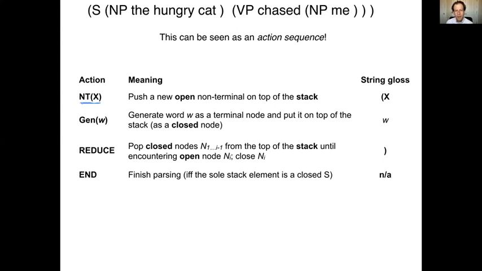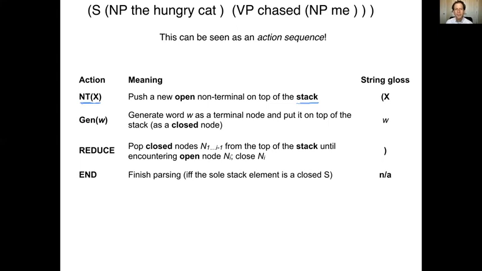And for this representation of an action sequence mechanism, it'll be useful to think of a stack of incomplete constituents that persists during the structure of the tree's generation. The action non-terminal x, NT of x, says that I am going to push a new open non-terminal on top of the stack. Open means that not all of the internal contents of that non-terminal node, that is, the contents that are dominated ultimately by that non-terminal node, have been generated yet. That's what it means to be open.